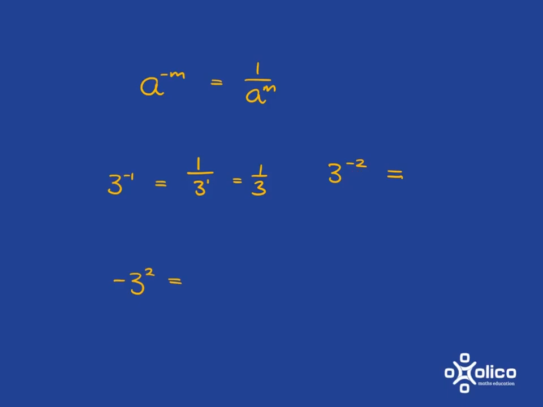So it just plays the role of telling you you've got to go 1 over, and in this case it's 3 squared, which is 3 times 3, which is 9. Here, the negative is not in the exponent. The negative is playing a normal negative role. So what you do is you say 3 squared, which is 9, and then you've got negative 9.